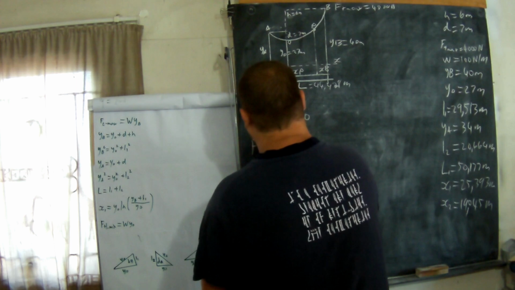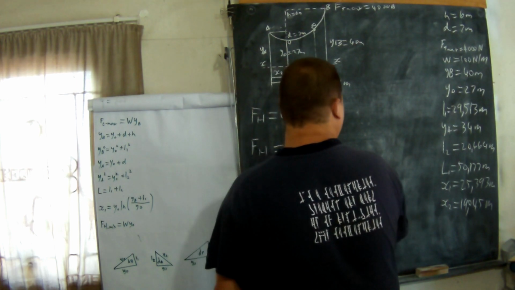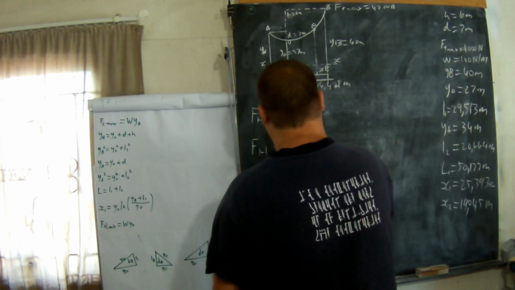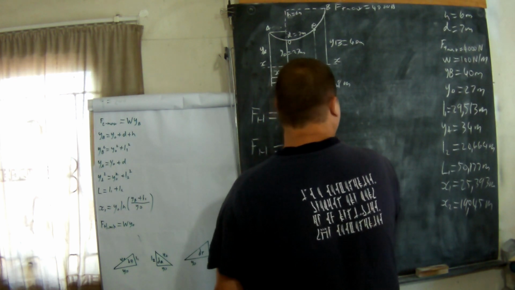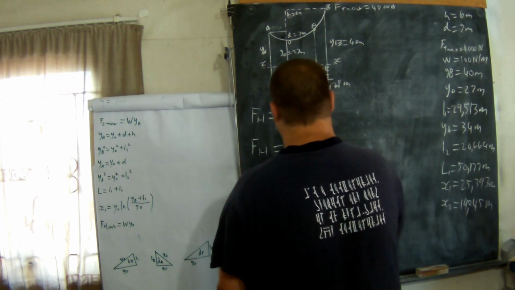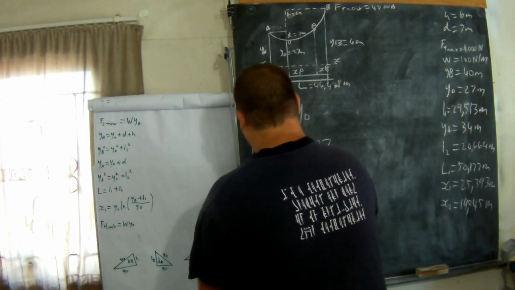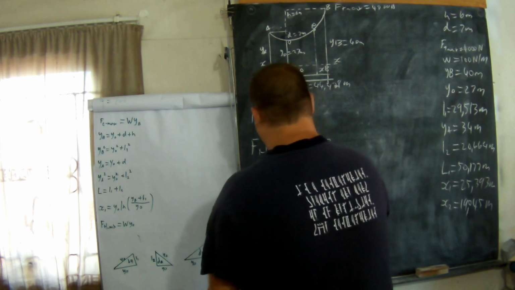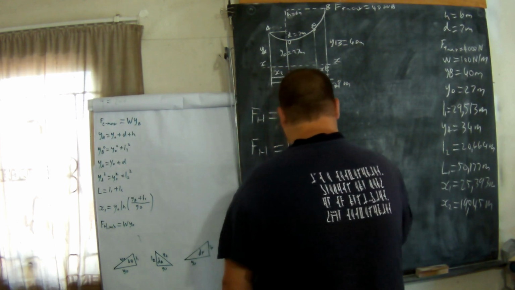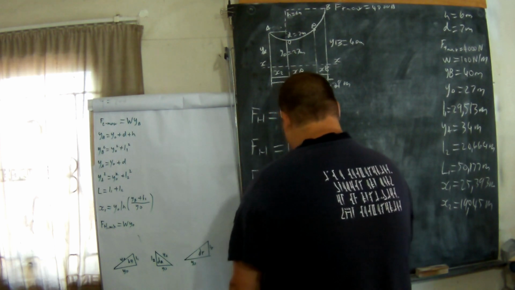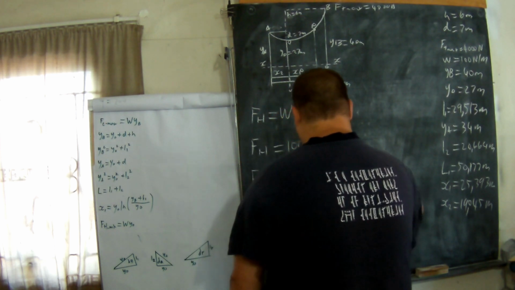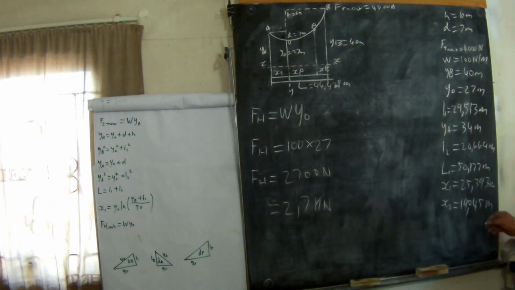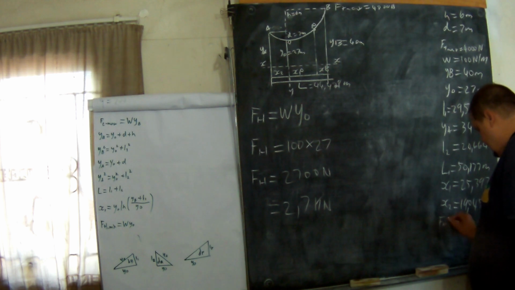So FH is equal to 100 times 27, FH equals 2700 newtons, equals 2.7 kilonewtons. So, in case we need it later.